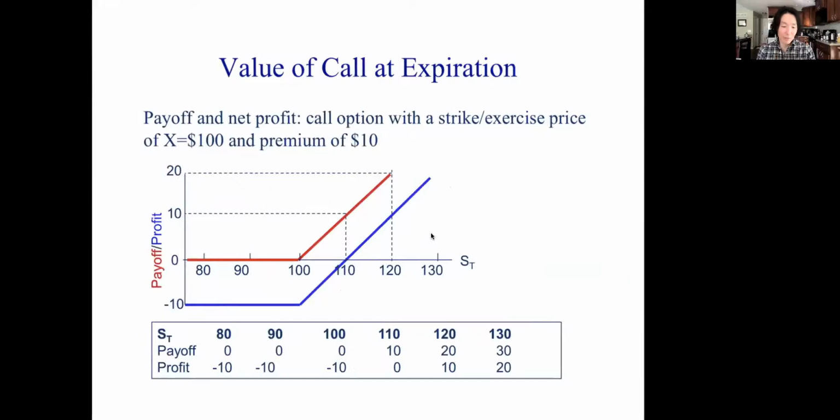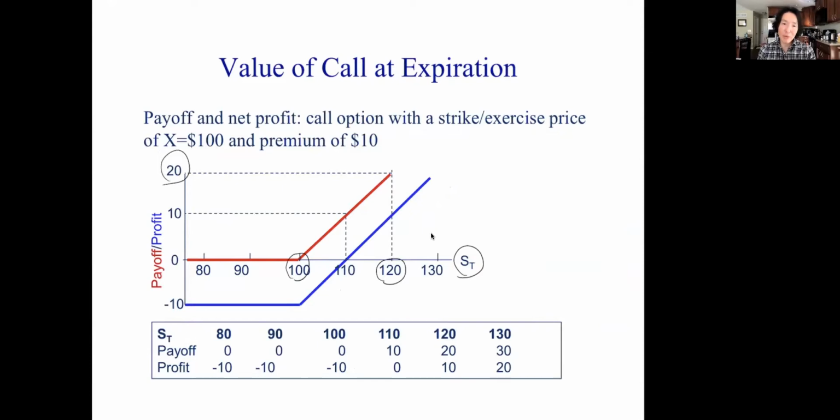Okay. Now, the payoff of a call at expiration is given in the following way. This is what's called a hockey stick because it looks like a hockey stick. If the strike price is $100, you can plot the payoff with respect to the stock price. If the stock price is 100, then your payoff is zero. If the stock price, for example, is 120, your payoff is 20 because the strike price is 100.